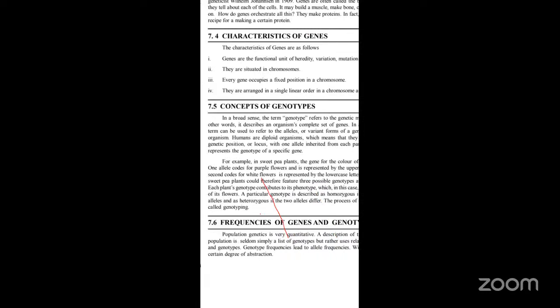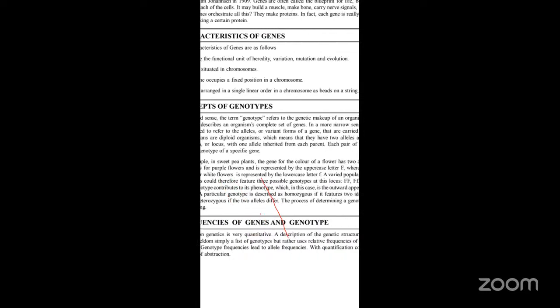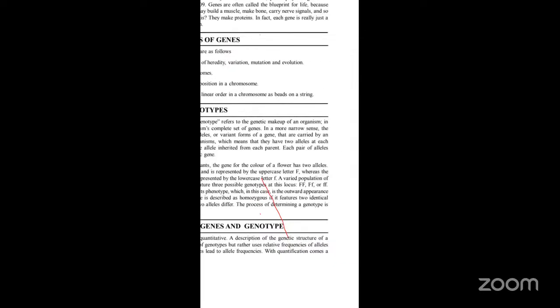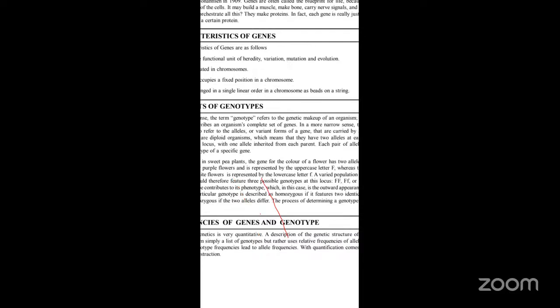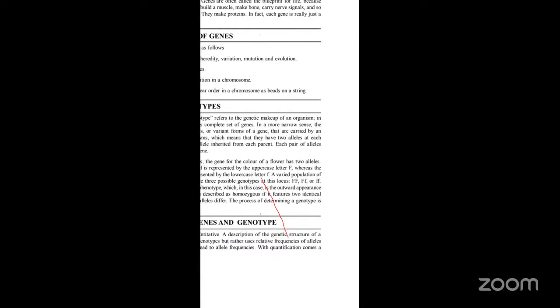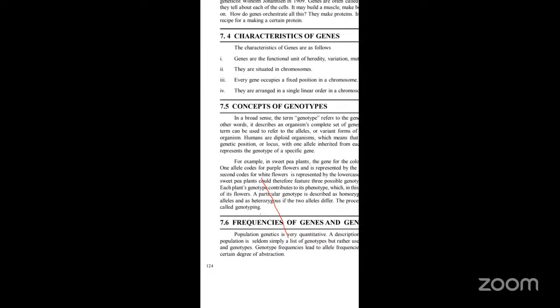A particular genotype is described as homozygous if it features two identical alleles and heterozygous if the two alleles differ. The process of determining a genotype is called genotyping.